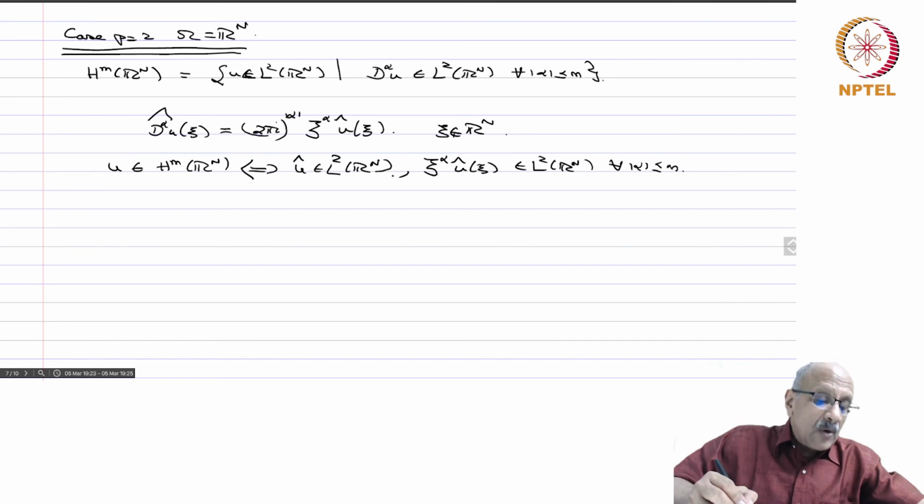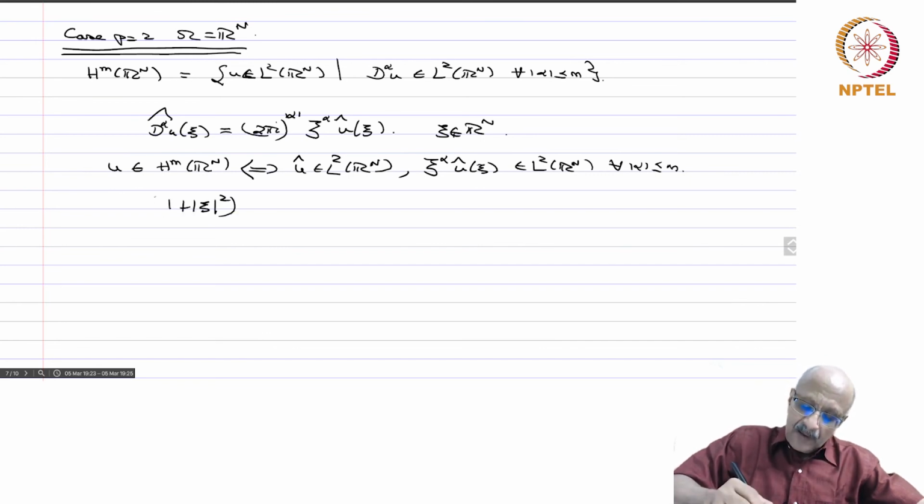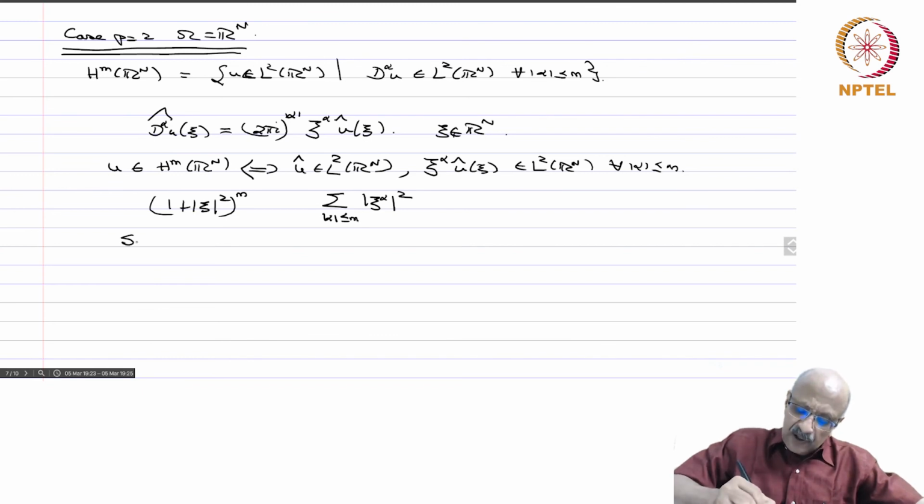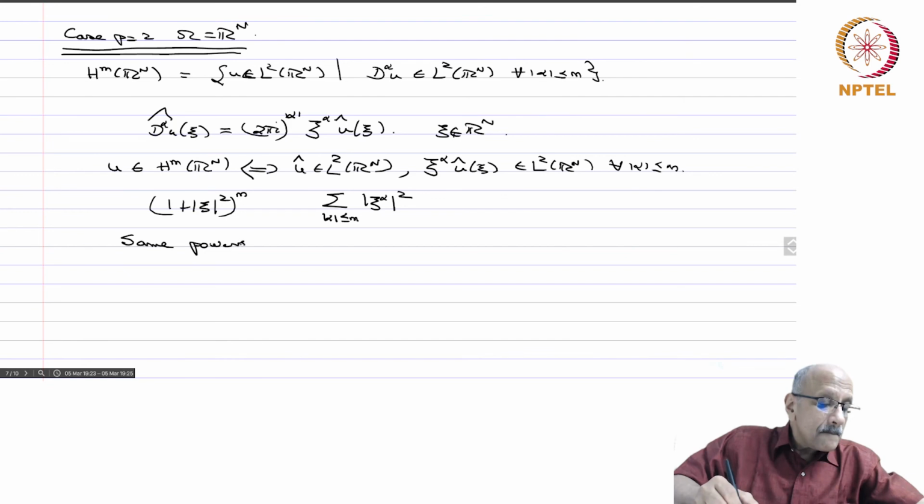Now, if you look at (1+|ξ|^2)^m and you look at the sum over |α| less than or equal to m of |ξ^α|^2, the same powers of ξ occur in both.